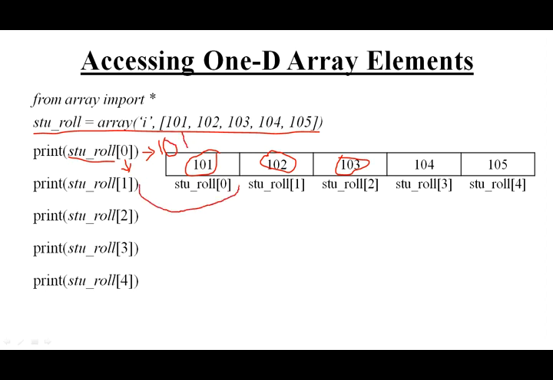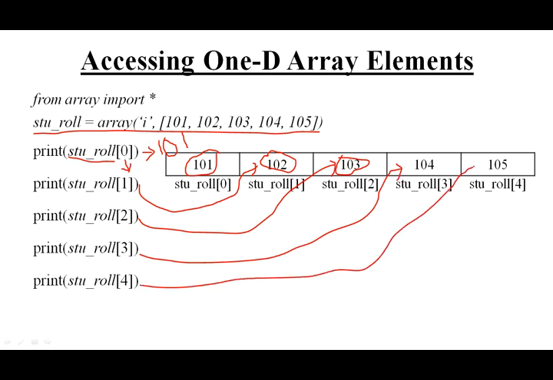And what will this print? This will print 102. This will print 103, this will print 104, and this is going to print 105. In this way we can access 1D array elements, and these are the elements.